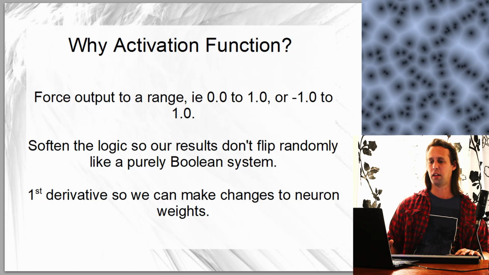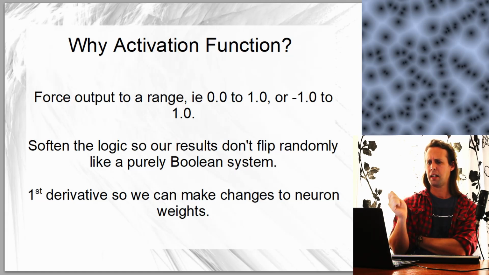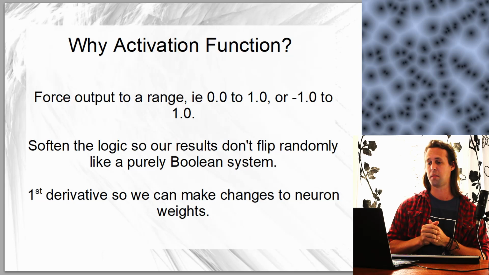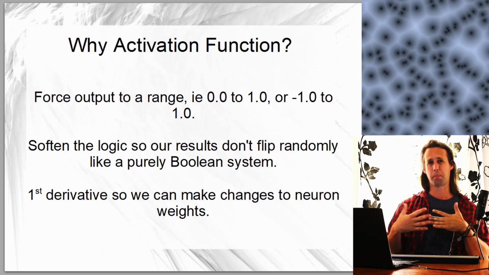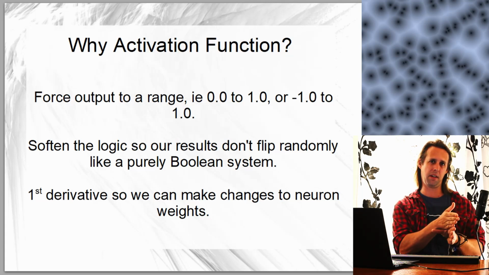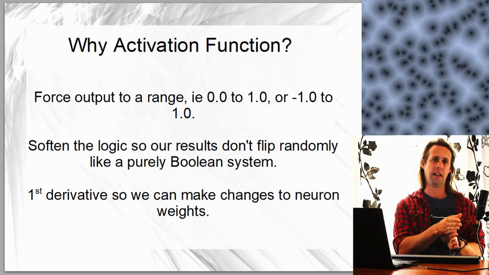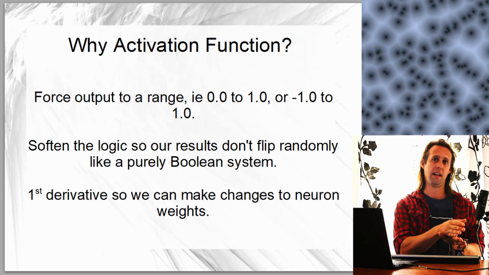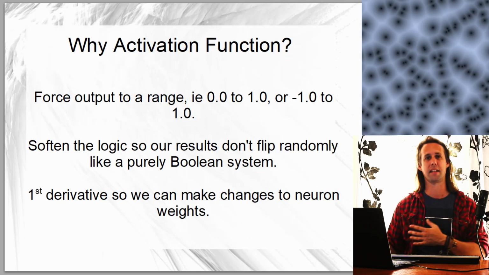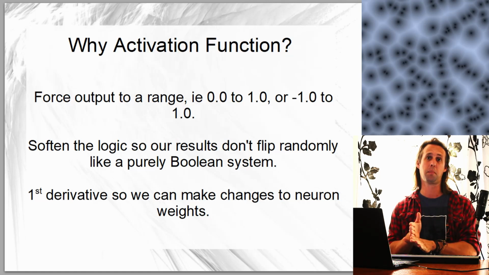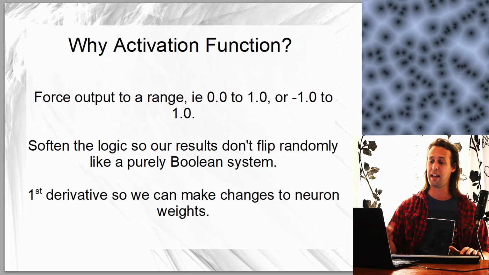Okay, so they soften the logic. This is really interesting. If you think about something like a Boolean system or a purely logical yes, no, black and white system like Boolean algebra, it's brittle in the sense that you might be very close to the correct answer, and then you could just perform a single operation, say not on your result, and suddenly you're nowhere near the correct answer. So it's really brittle in that small changes in a Boolean expression can have vast effects on the output.